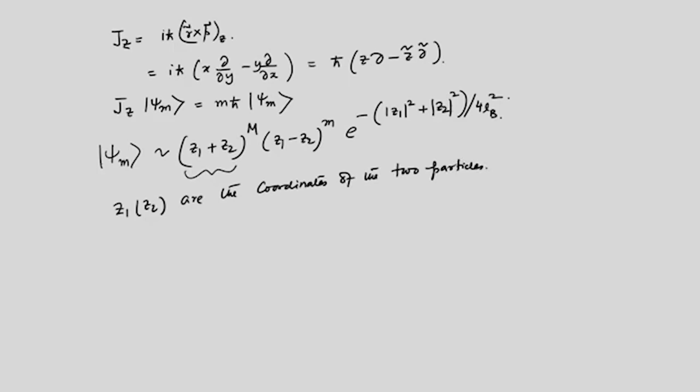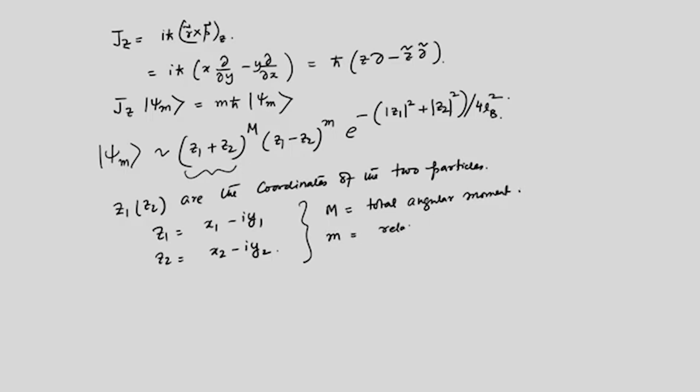So, they are like x1 minus i y1 and z2 is equal to x2 minus i y2. And M is the total angular momentum of the system of two particles, and m is the relative angular momentum, that is mod of j1 minus j2.